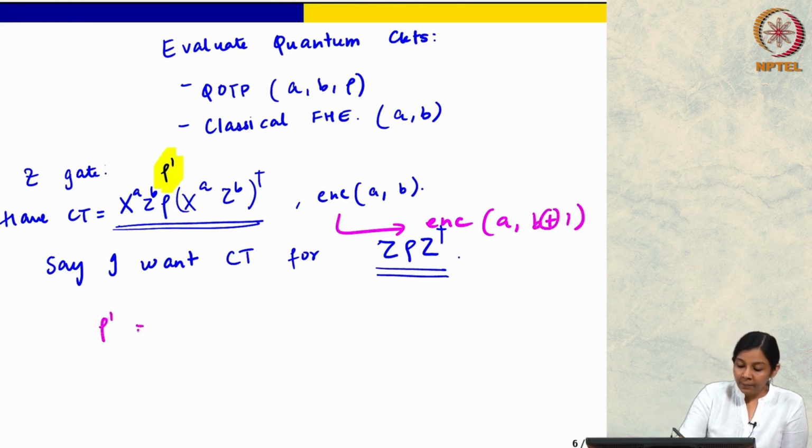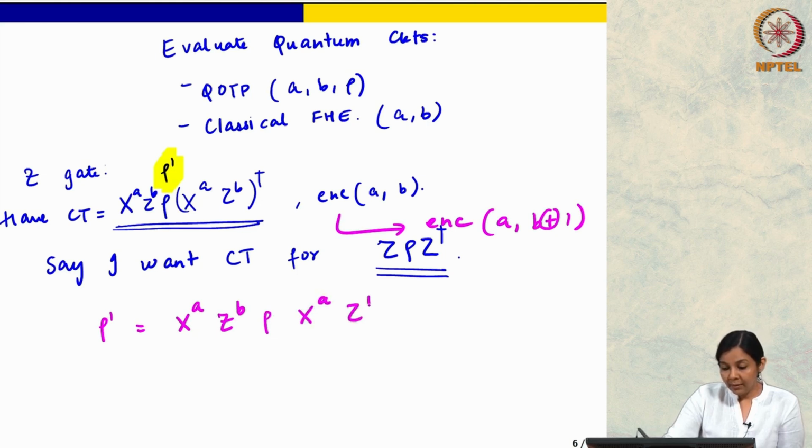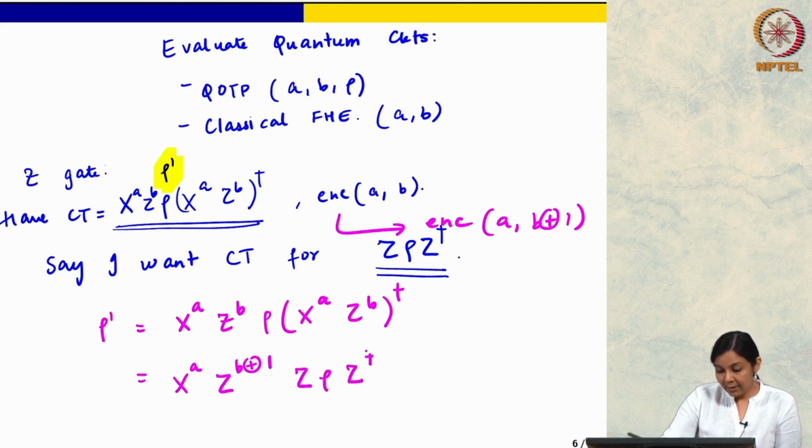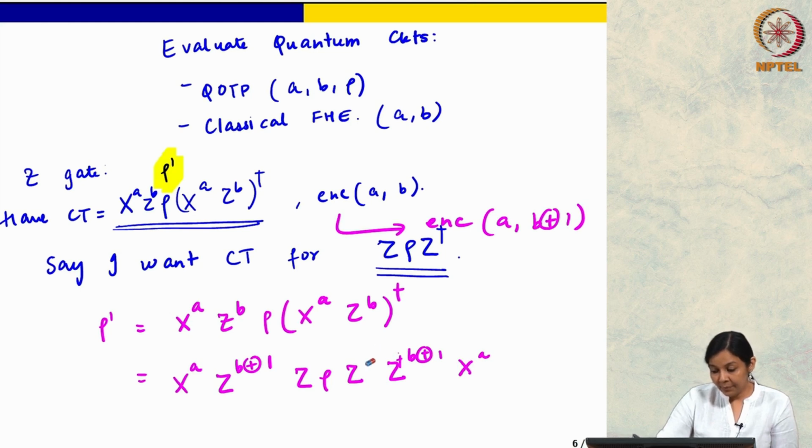The same rho prime, which is X^a Z^b rho (X^a Z^b) dagger, can be written as X^a Z^(b XOR 1) Z rho Z dagger Z^(b XOR 1) X^a dagger. Do you agree?